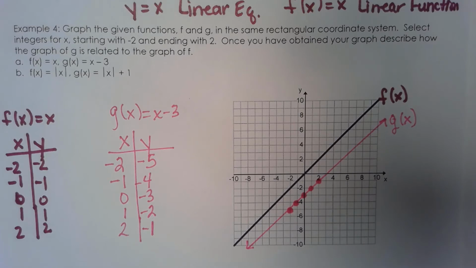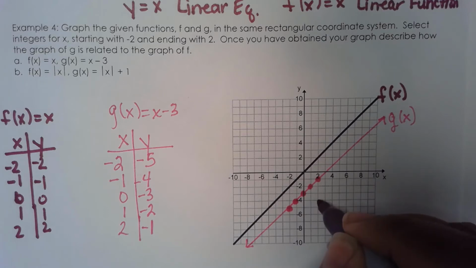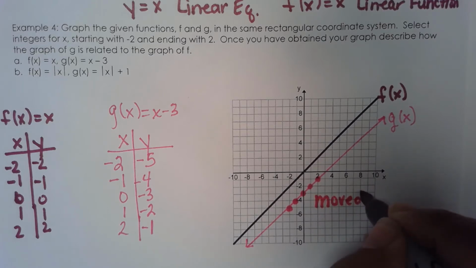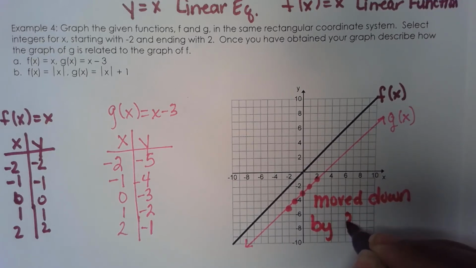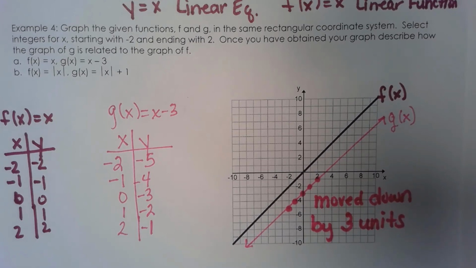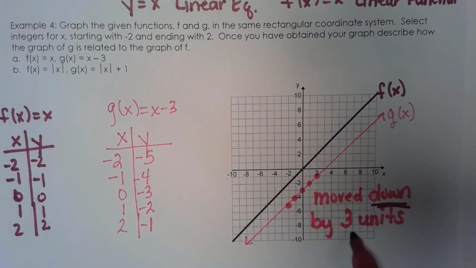Both are linear, they're straight lines, but the difference is the g of x graph moved down by 3 units. Every point moved down by 3 units. Okay, so that's how we would describe the graph.